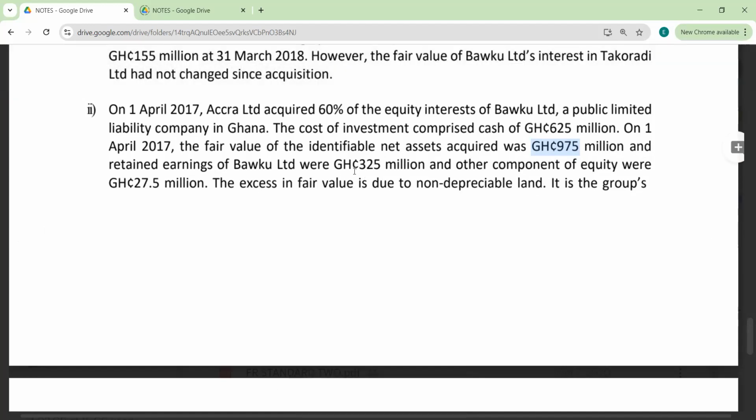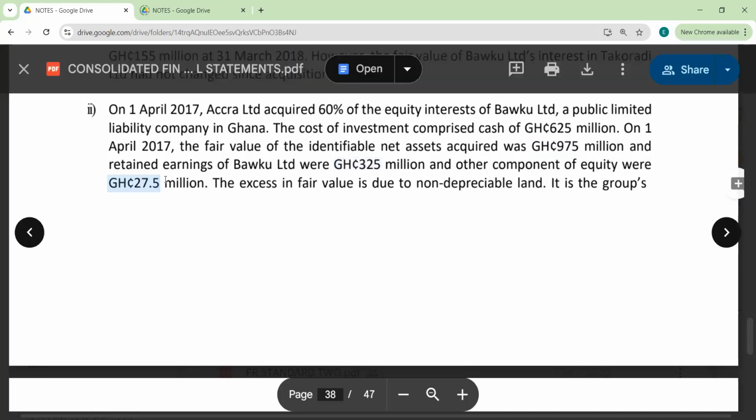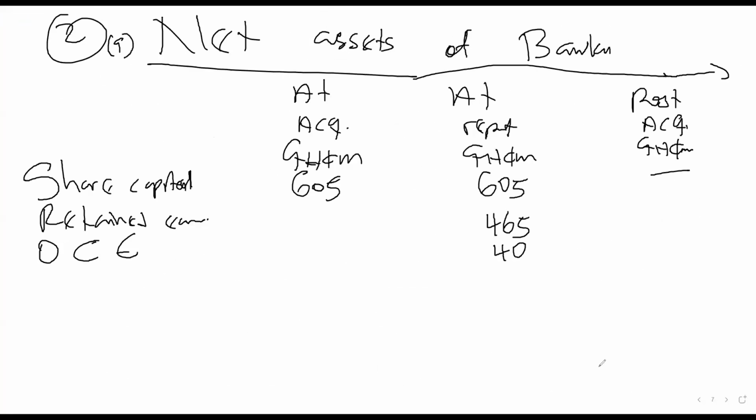And retained earnings is this. So let's go. Retained earnings 325. OCI 27.5. Let's go. This Boko, good. Retained earnings is what? 325. OCI is what? 27.5. So now let's find the difference. 465 minus 325. Answer: 140.